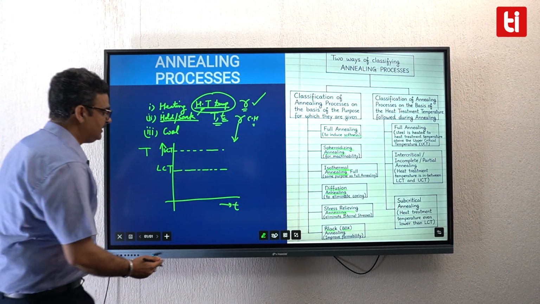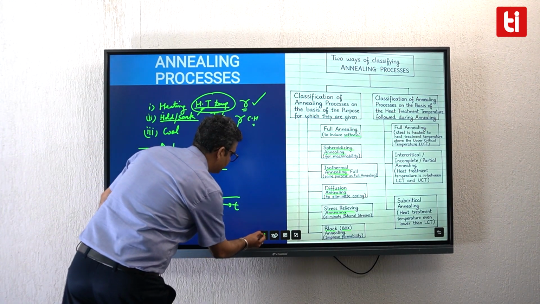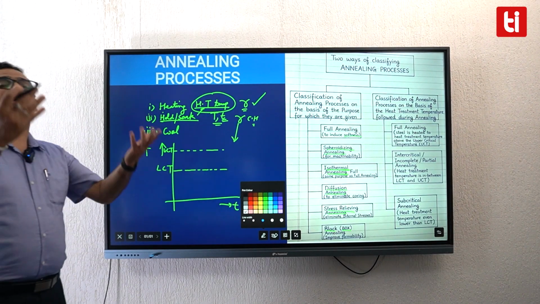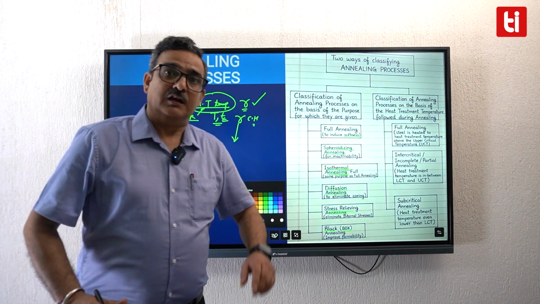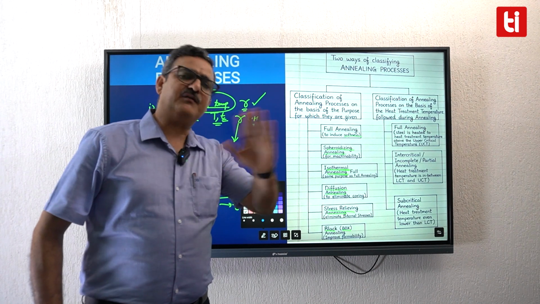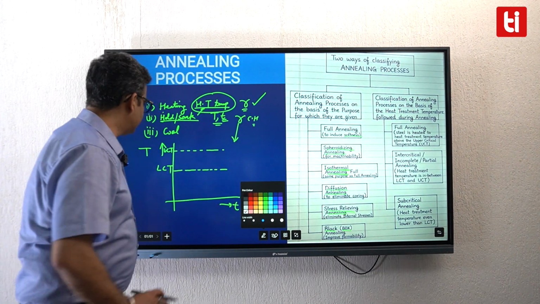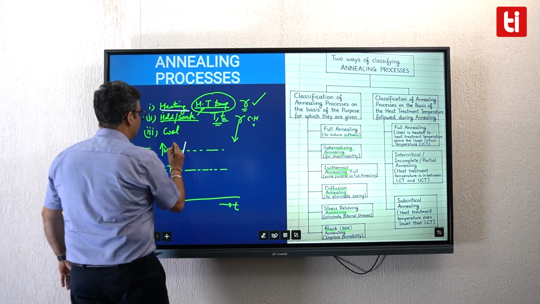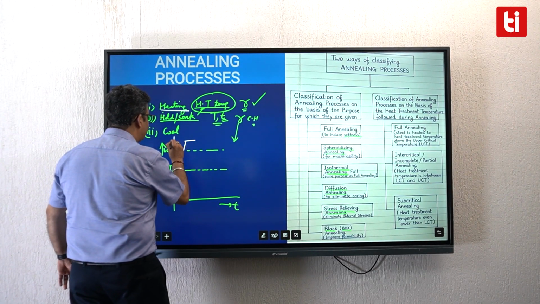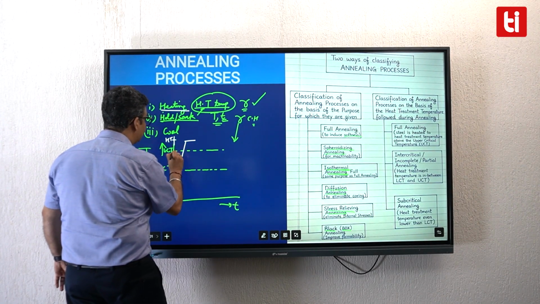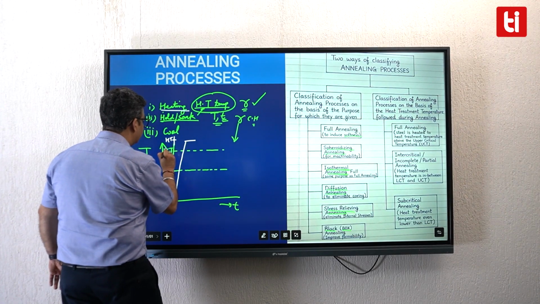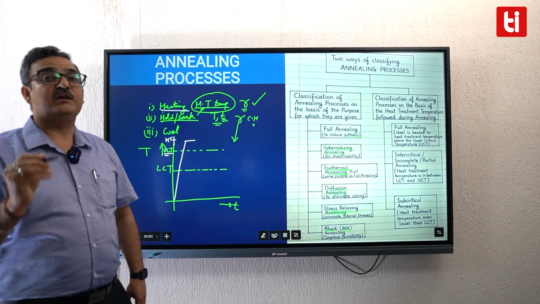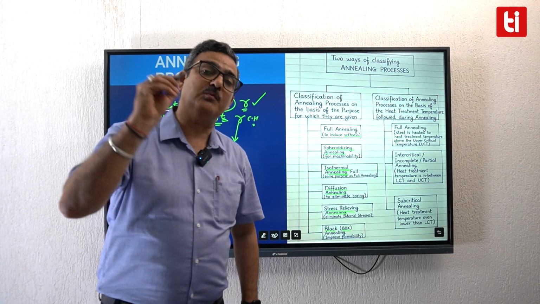Now I have taken that steel at the room temperature conditions, right? And now some annealing has to be given to it. In any annealing process, whatsoever may be the purpose, if during annealing I am taking the steel in the first step to a heat treatment temperature higher than, in excess of, the upper critical temperature of the steel, then I am giving full annealing treatment to my steel component.